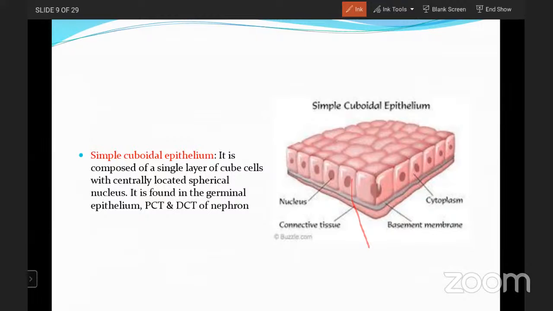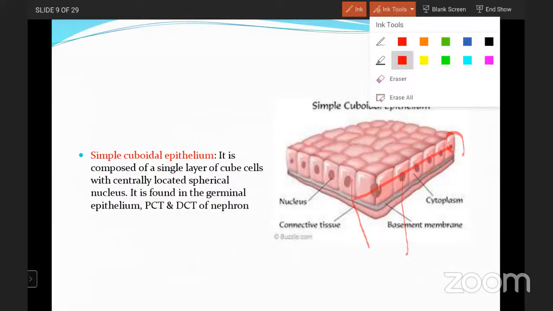So this is about the simple cuboidal epithelium. This is the cube shape and this is the nucleus with a spherical shape and having only one layer. Simple cuboidal epithelium. Okay, now go for the next one.